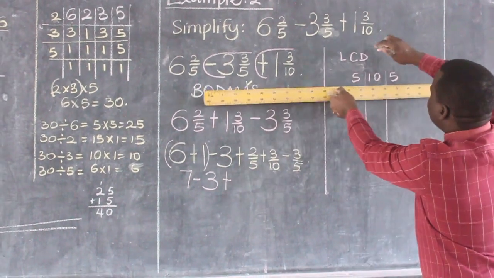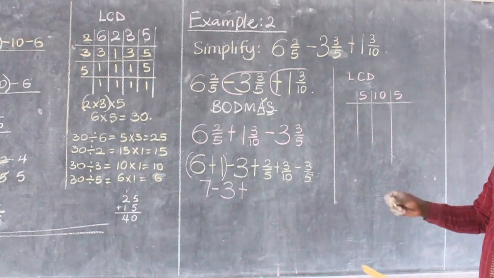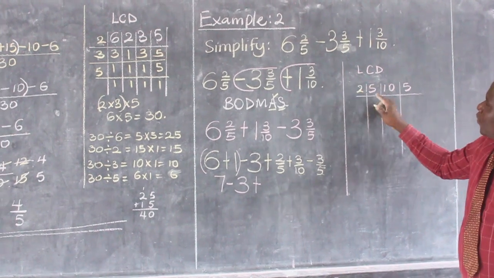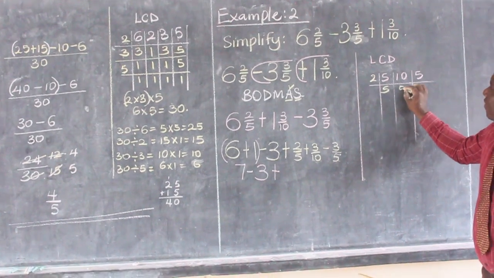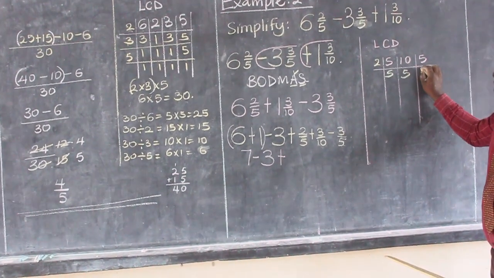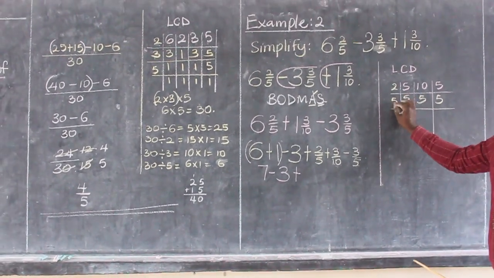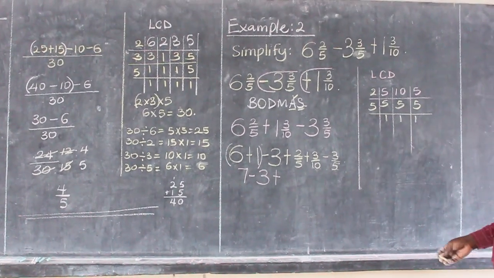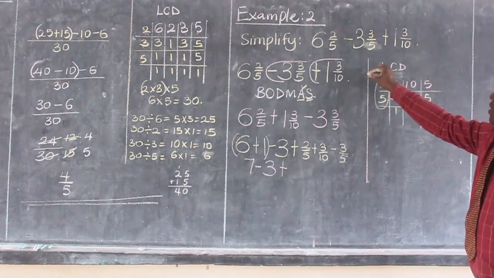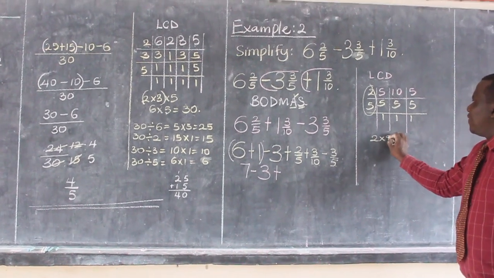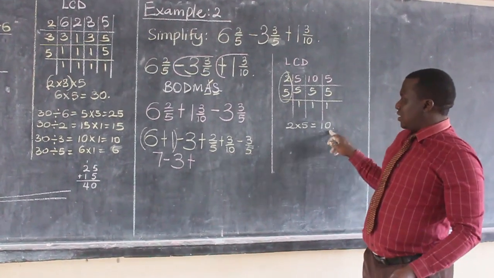So the lowest common by 2. 5 cannot be divided by 2, you maintain the 5. 10 can be divided by 2, you get 5. 5 cannot be divided by 2, you maintain the 5. Then automatically by 5, you get 1, 1, 1. Okay? So we shall now multiply this. That is 2 times 5, which gives us 10. So our lowest common denominator is 10.